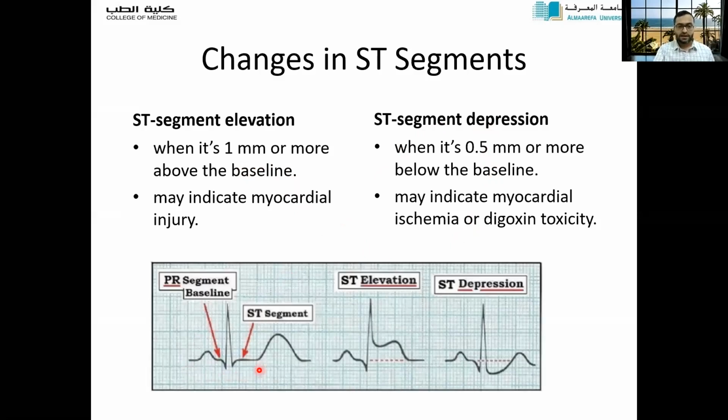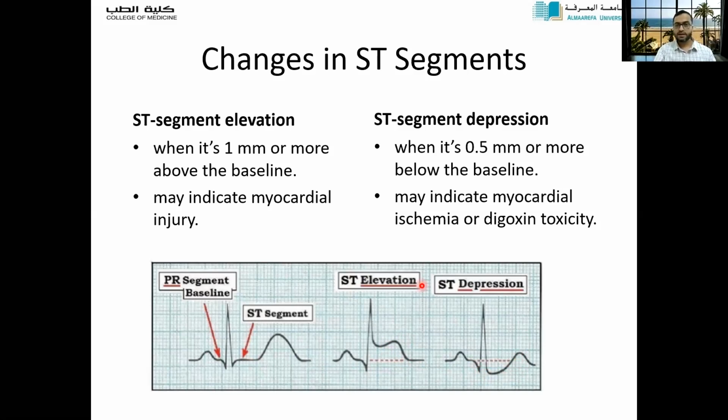As I have shown here, this is an isoelectric ST segment, and you can see here the ST segment elevation. The baseline is shown by the dotted line, and the ST segment is elevated. In another picture here, I have shown ST segment depression, which is a sign of myocardial ischemia.